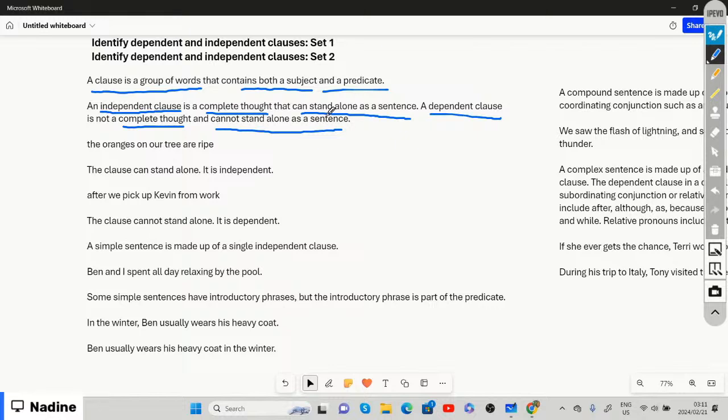For example, the oranges on our tree are ripe. If we look at this specific sentence, the oranges on our tree are ripe, then we can say this sentence is an independent clause.